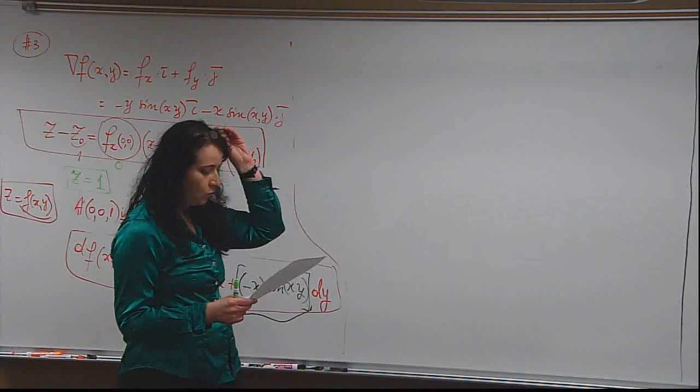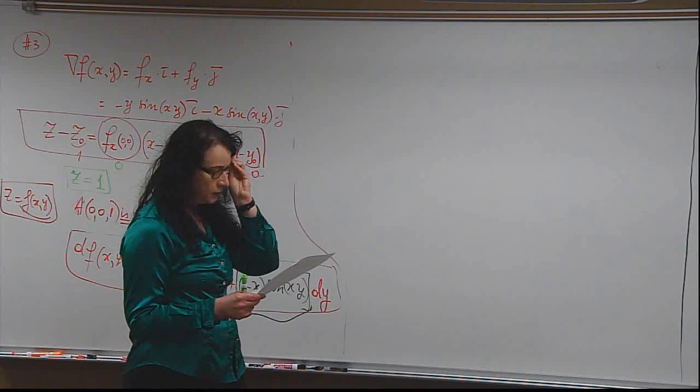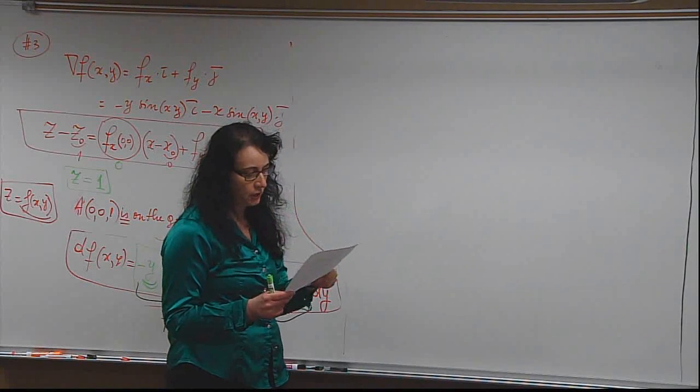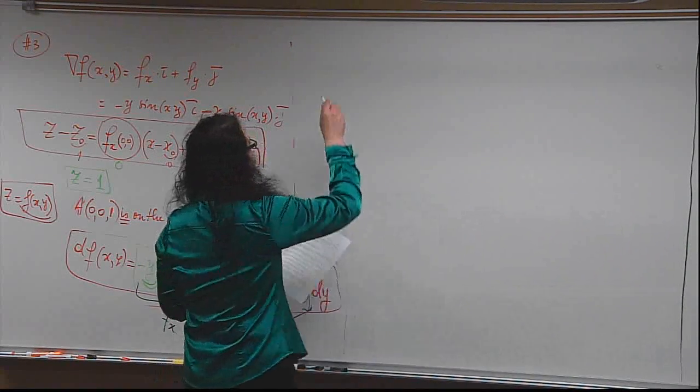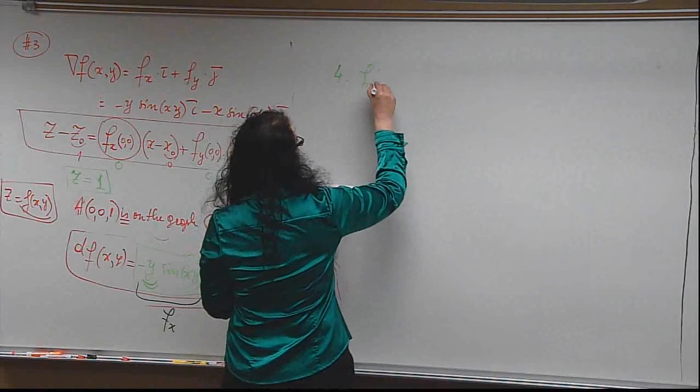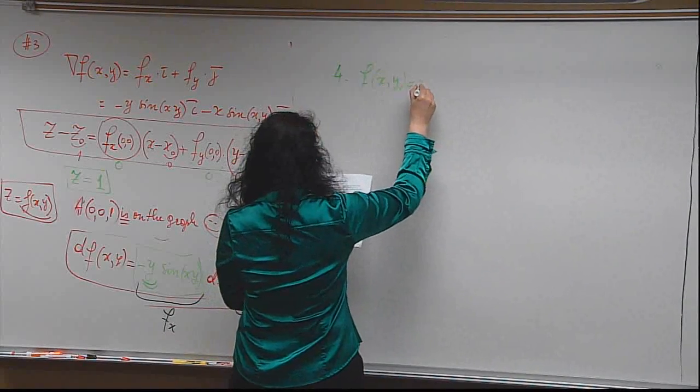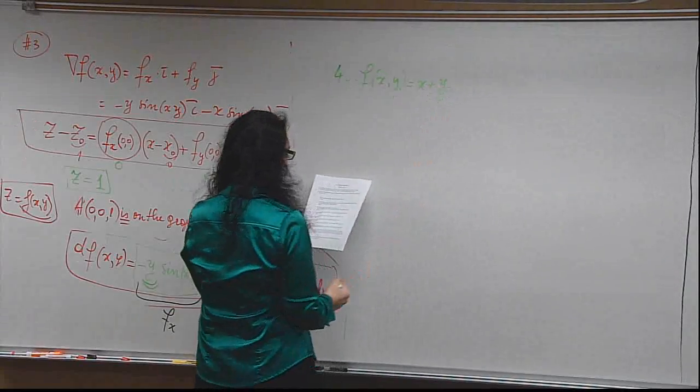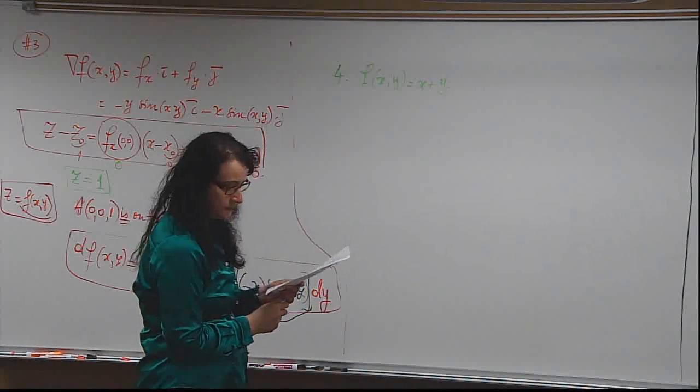All right, number 4. Find the direction in which the function, I'm changing the function finally, I say the function x plus y increases most rapidly at the point P of 1, 1.